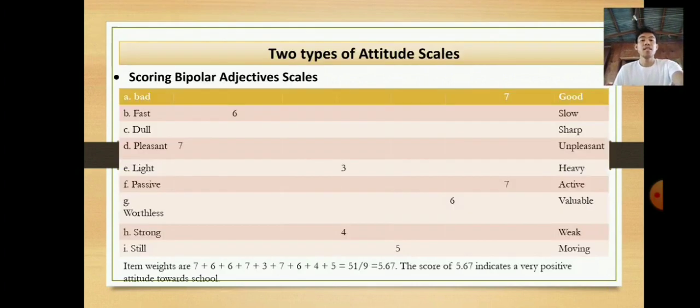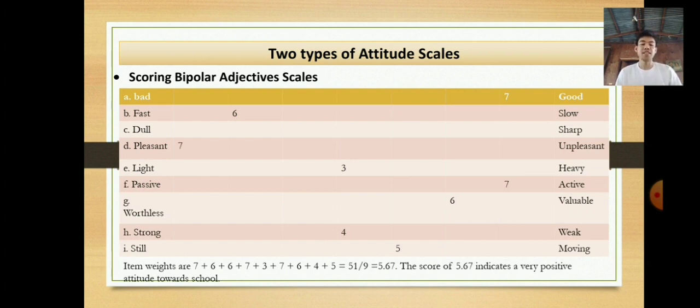The bipolar adjective scale is a very flexible approach of measuring attitudes. A researcher can use it to investigate attitudes toward any concept, person, or activity in any setting.